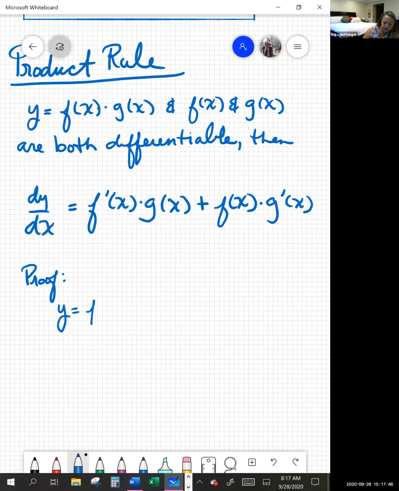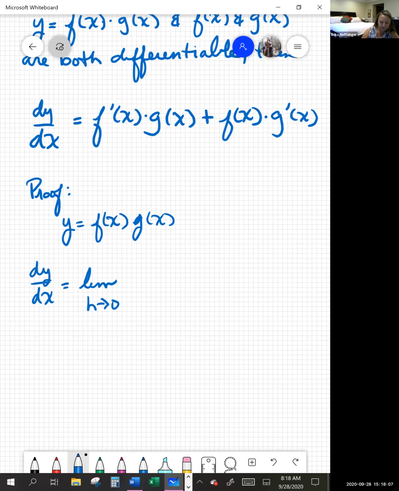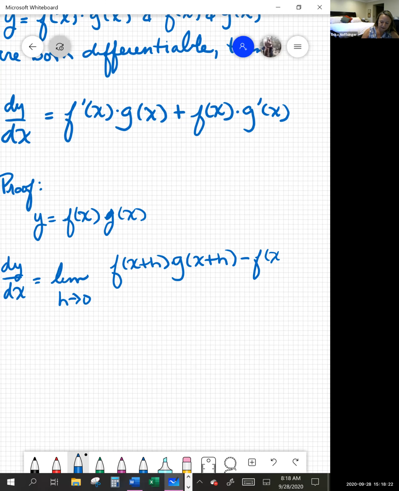So if y is equal to f of x times g of x, dy/dx is equal to the limit as h approaches 0 of f of x plus h times our second function g of x plus h minus the original, so f of x times g of x, all over h.